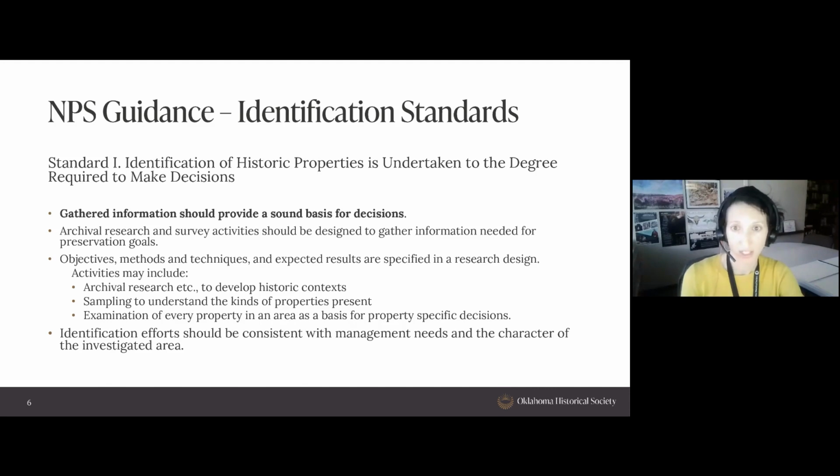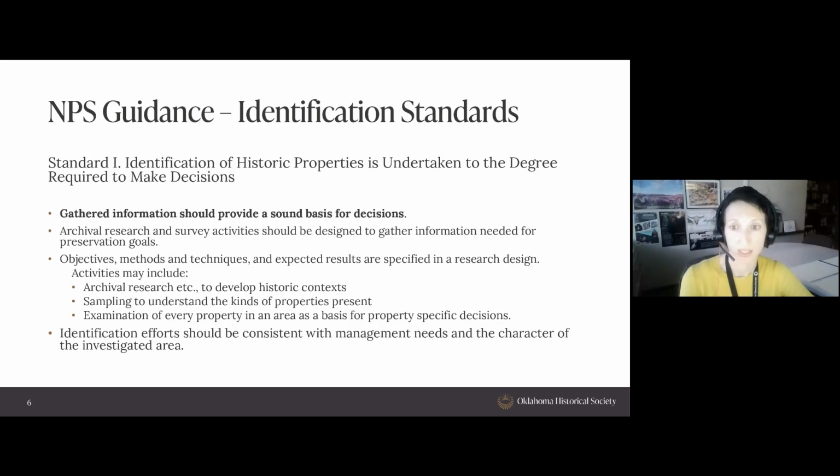The first standard is identification of historic properties is undertaken to the degree required to make decisions. The gathered information should provide a sound basis for the decisions to be made. Archival research and survey activities should be designed to gather information needed for the preservation goals.